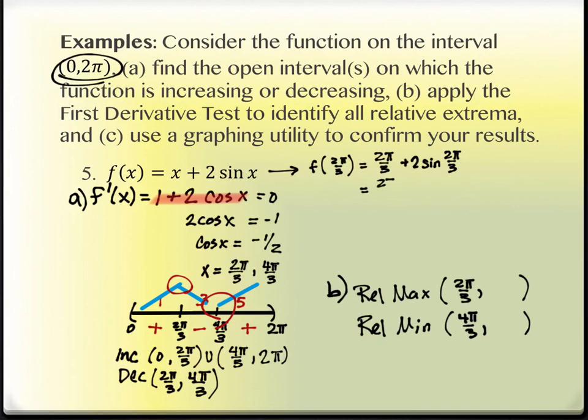So this is 2 pi thirds plus 2 times square root of 3 over 2. That's off the unit circle at that location. The 2's can cancel, right? So I end up with 2 pi over 3 plus square root of 3. So it's not a very pretty value, as I warned you.